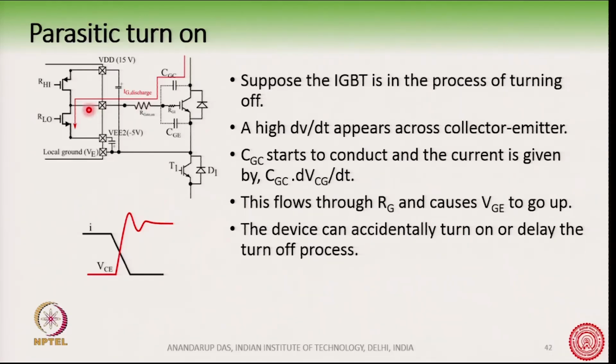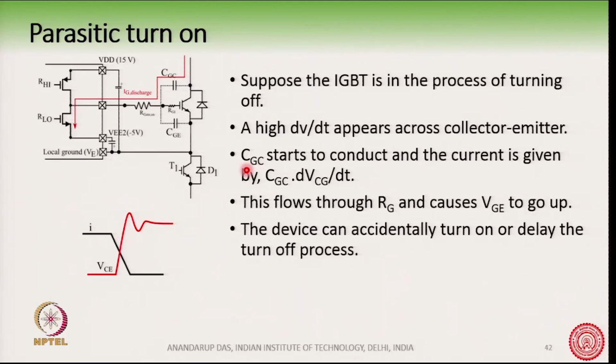If it flows through that resistance, then this point's potential, the gate potential, will increase, and therefore, VGE voltage will go up. Okay, because this is flowing through this RG here. So, this point's potential will increase.